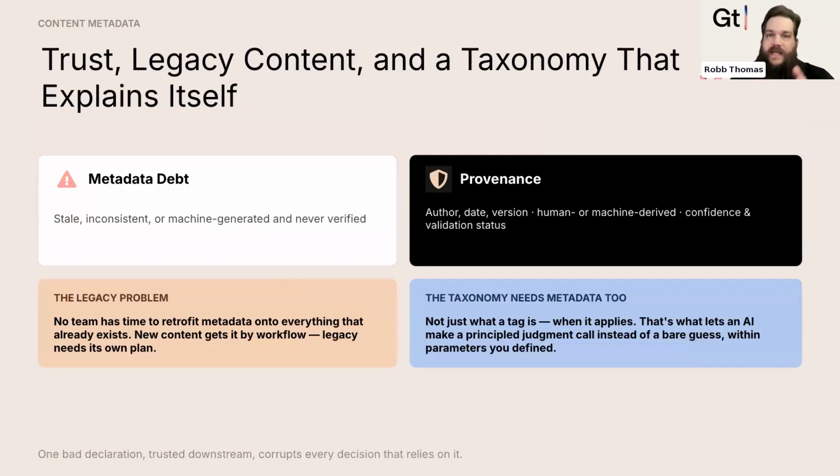As I mentioned before, we may not trust that the metadata itself was applied. AI can go through enormous quantities of content and apply metadata tags very quickly.